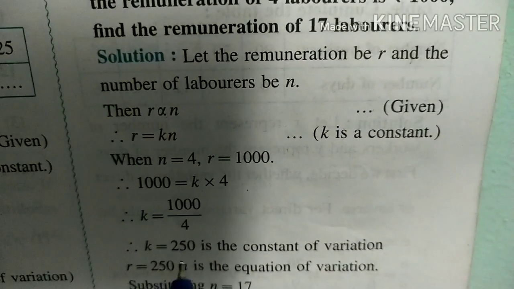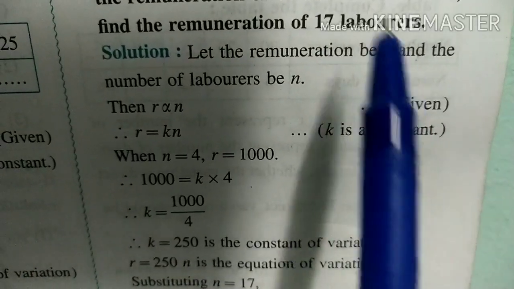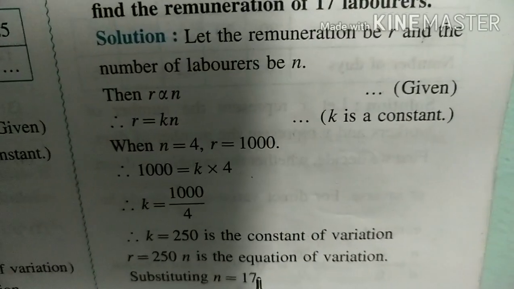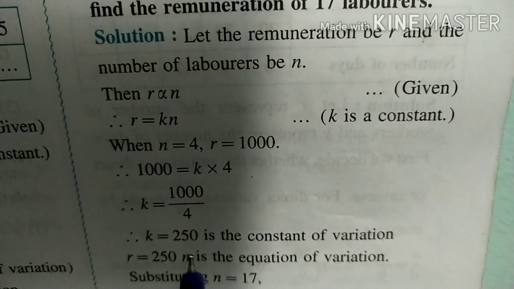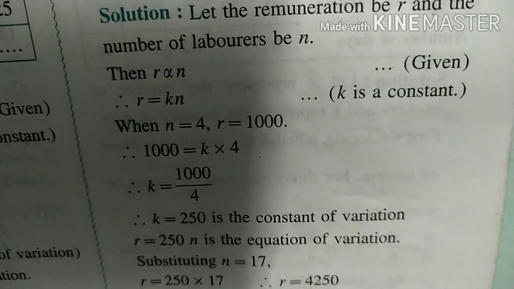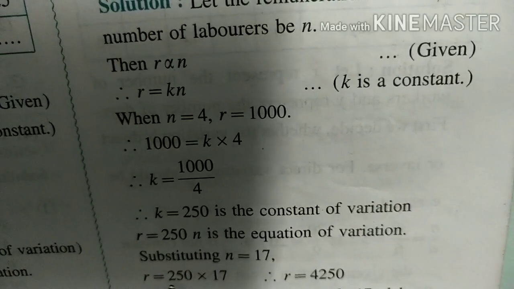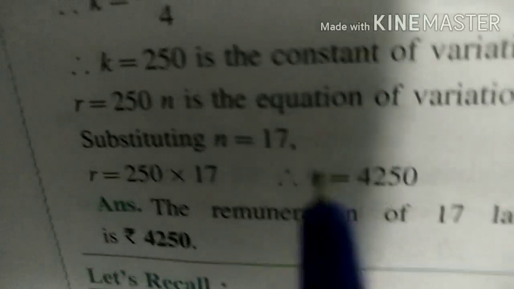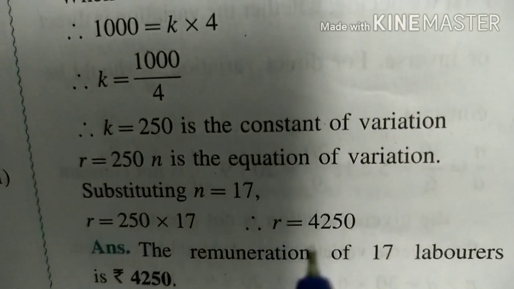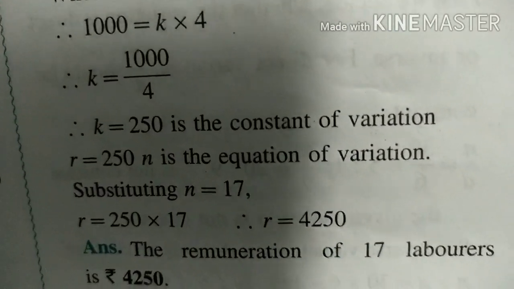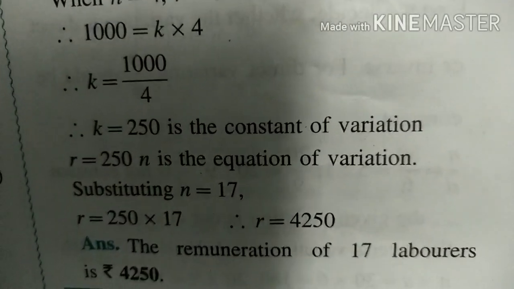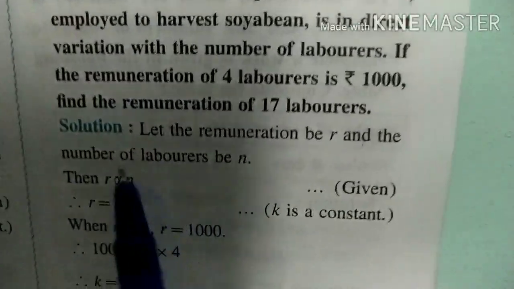So, R is equal to 250N. Now, when there are 17 laborers, N is equal to 17. So, in place of N, you will substitute 17. What will you get? R is equal to 250 into 17. Therefore, R is equal to 4250. The remuneration of 17 laborers is rupees 4250.